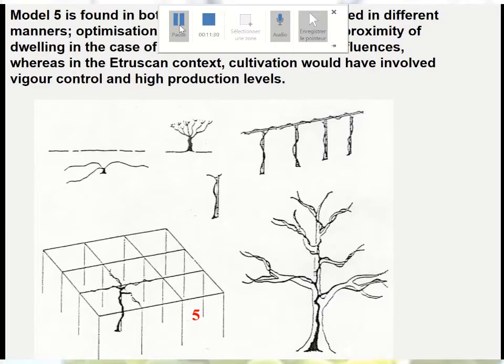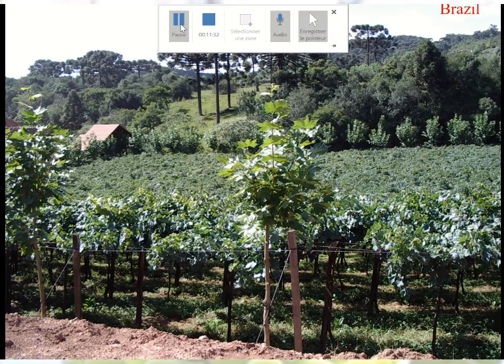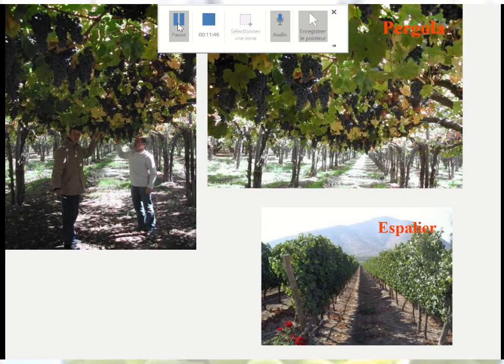The pergola, number 5. I don't know exactly now, but a few years ago there were a lot of pergolas in Brazil. This is a photo from Brazil. This training system is not really qualitative, as you can imagine, and it's mainly used for, as we can see here, the pergola is a nice way to increase the exposed leaf area and to have a nice bunch microclimate.